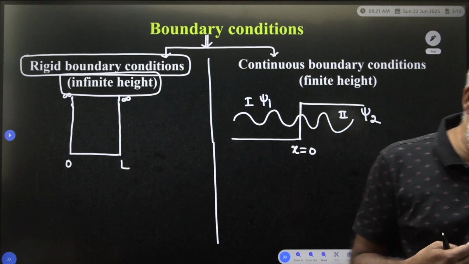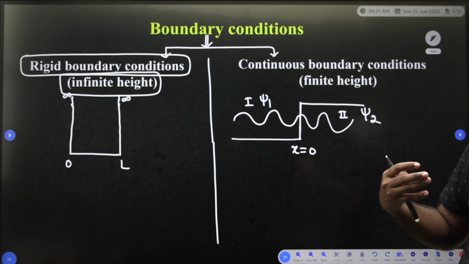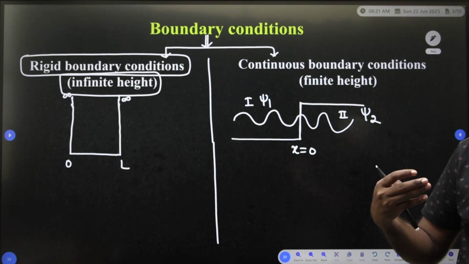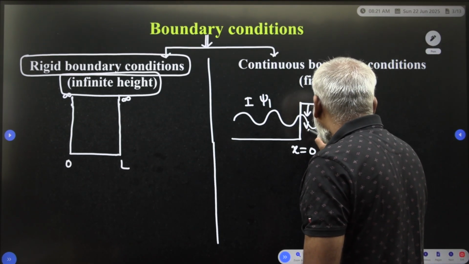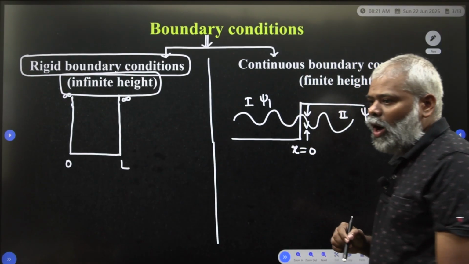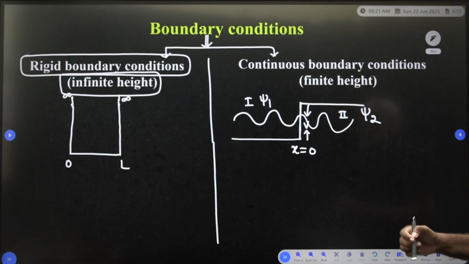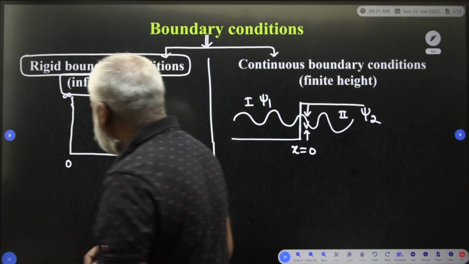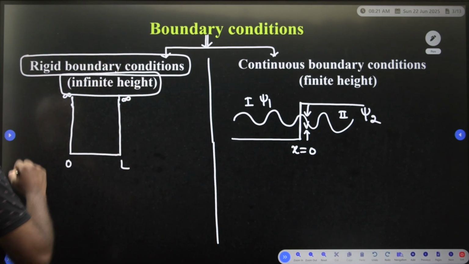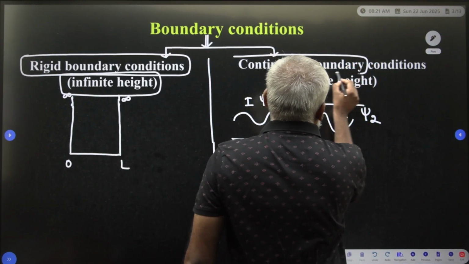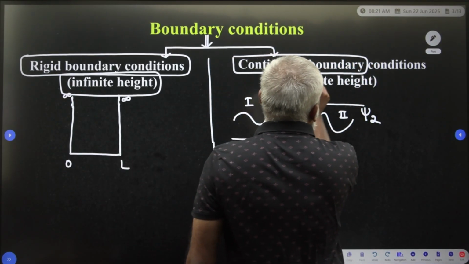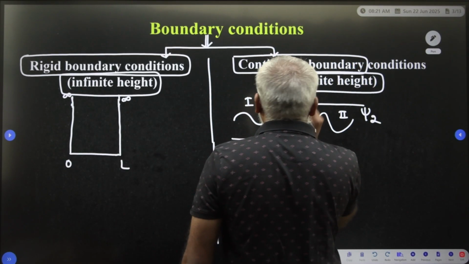What is that height? Maybe that height is equal to V. So this boundary condition is a rigid boundary condition, and this one we call a continuous boundary condition or finite height boundary condition.